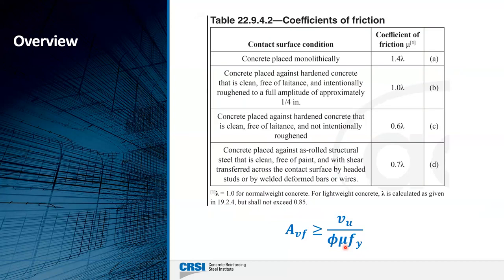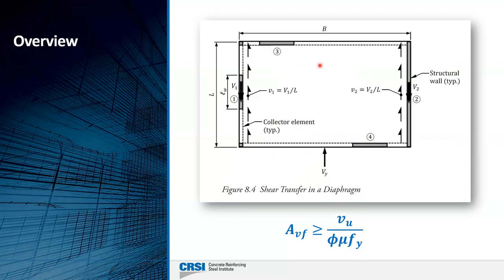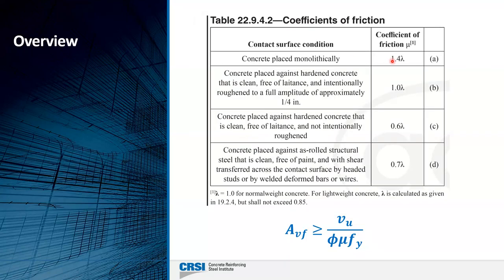So what is this coefficient of friction? If the concrete is placed monolithically, like would be the case for the slab, the diaphragm, and this collector, then it's equal to 1.4 times this lambda, which is the lightweight aggregate factor that decreases the strength because of the lightweight concrete.